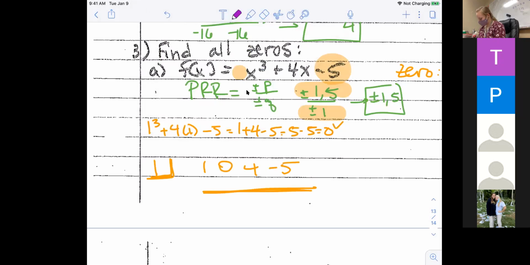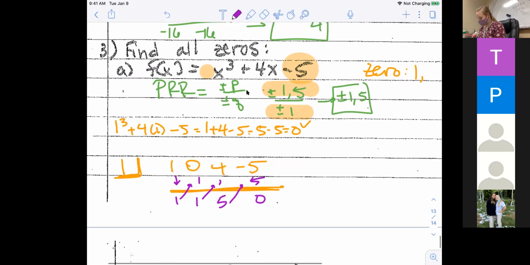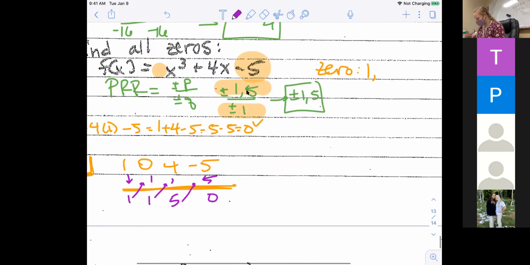Carry down your 1. We've been doing so much synthetic division, you guys should be able to do this in your sleep now. 5, 5, 0. Perfect. 1, 1, and 5 become x squared plus x plus 5.